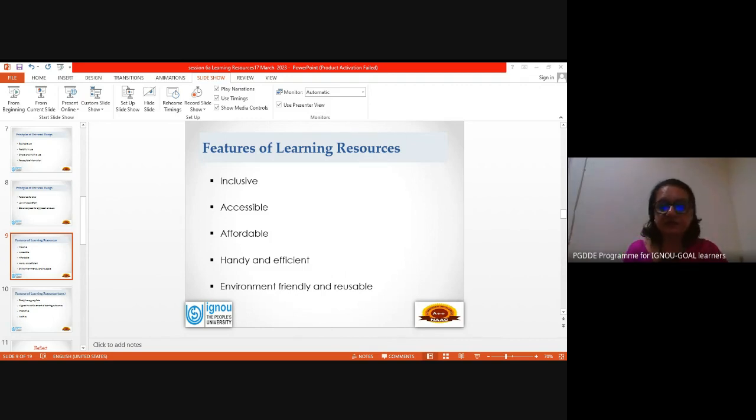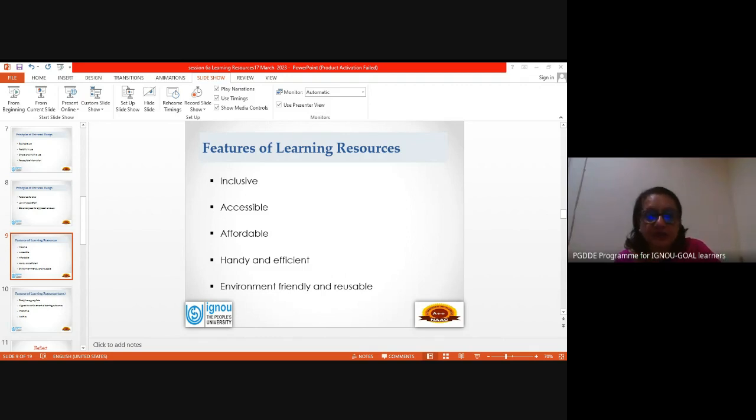Again, this is a policy so as to make sure that the learning resources are more environmentally friendly, and we don't burden the earth with more and more paper and cutting down of trees and so on.